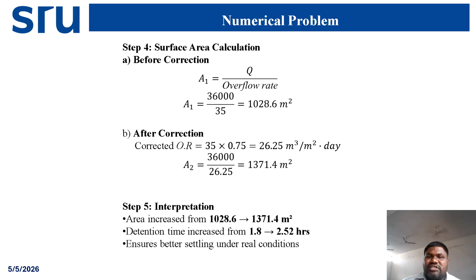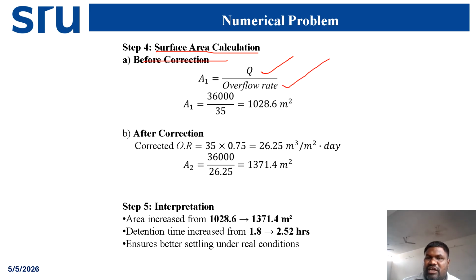Next one is the surface area calculation before correction. How to calculate the area, based on the parameters in the given data? Area equals Q, the discharge, divided by overflow rate.